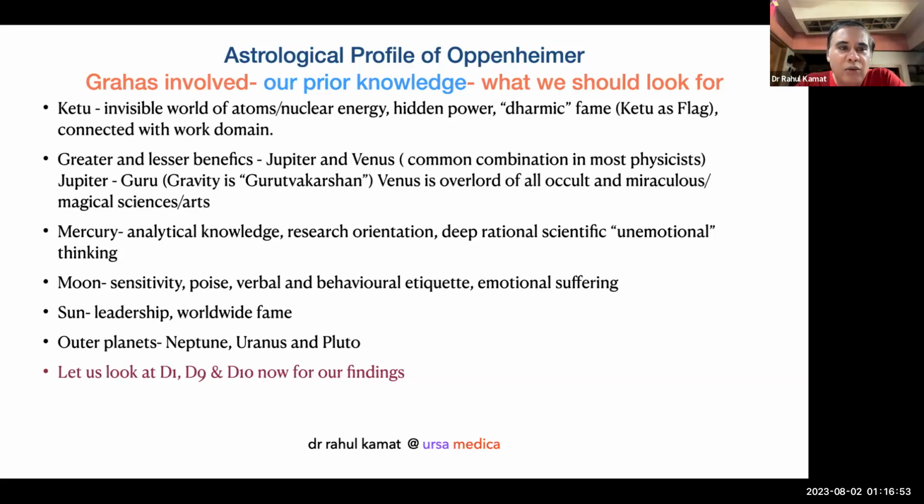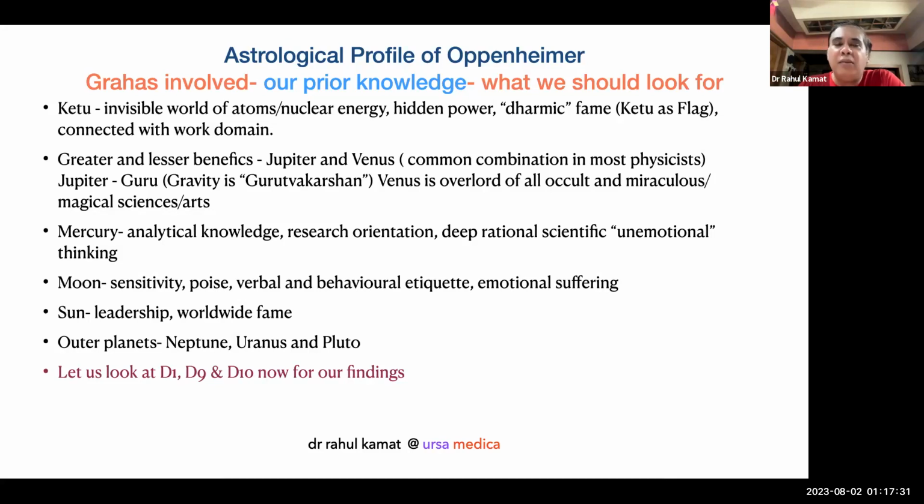So it is the ability of a heavenly body or a celestial mass to exert attraction on another celestial mass, what is called gravity, essentially is what Oppenheimer studied, because he postulated the existence of black holes, which actually were discovered much later, right? And so essentially Guru has to be looked at, and Venus certainly, because these are the greater and the lesser benefics.